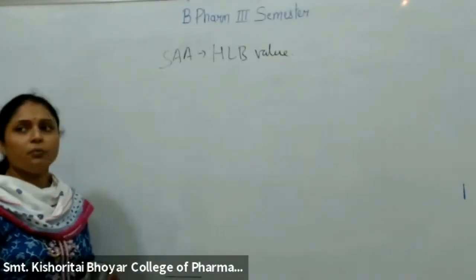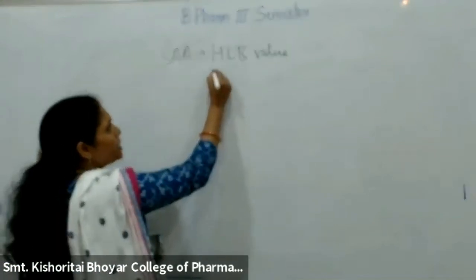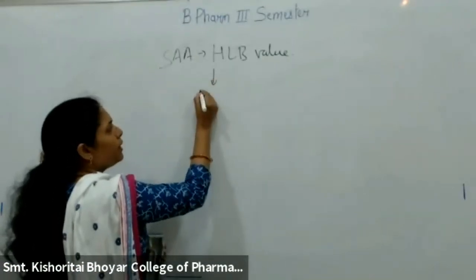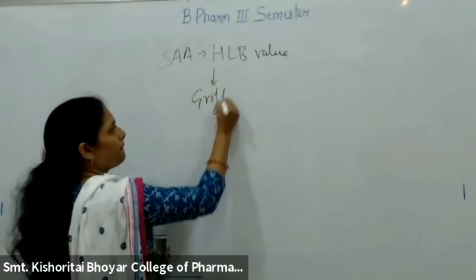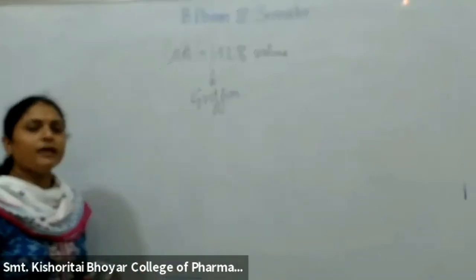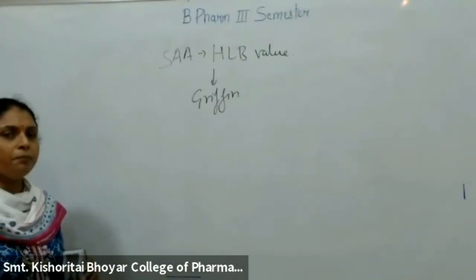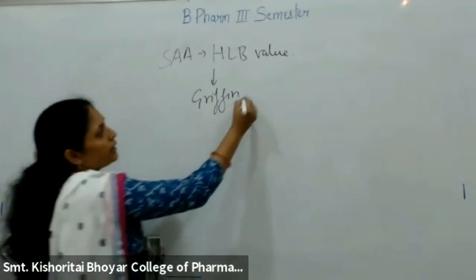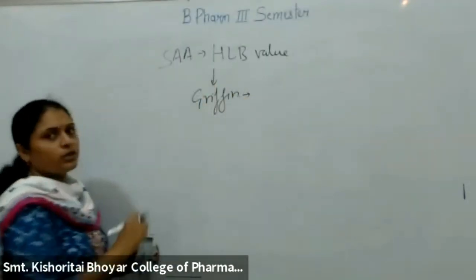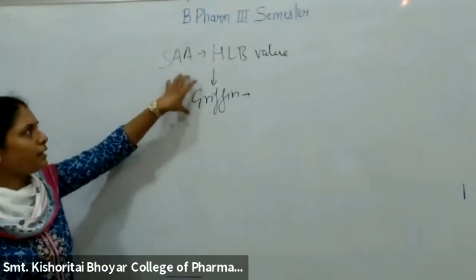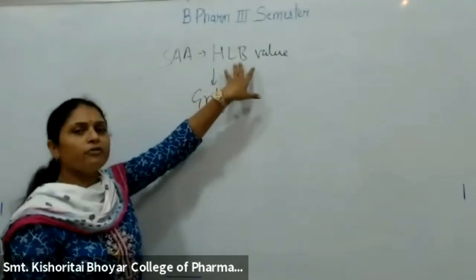This is given by Griffin. Griffin has devised an arbitrary scale of numbers or values, and it is assigned to surface active agents, and based on that assignment, it has an HLB value.